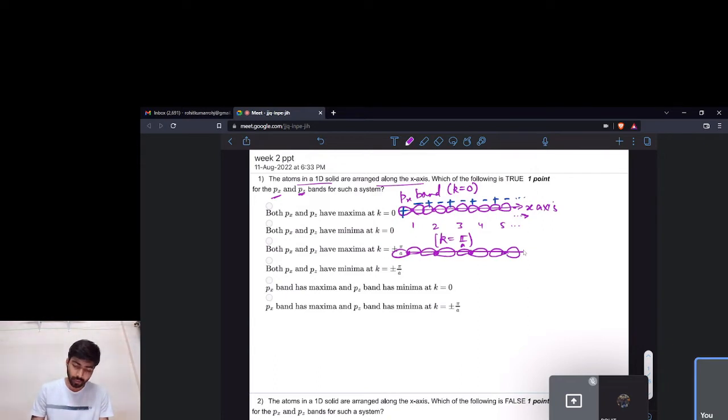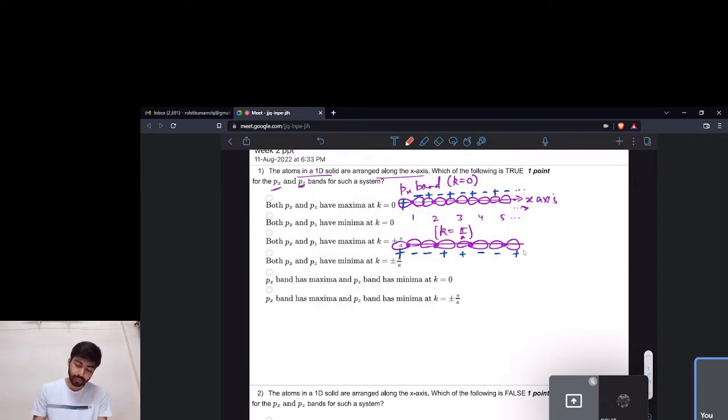Now for k is equal to pi by a, we have plus minus for the first orbital, but the second orbital gives flipping, so it becomes minus plus, then plus minus, minus plus. Now what interesting can be seen here in this scenario is we have an anti-bonding overlap between atom 1 and atom 2, again an anti-bonding overlap between 2 and 3, between 3 and 4, 4 and 5.